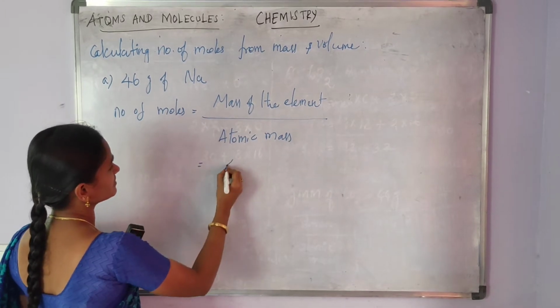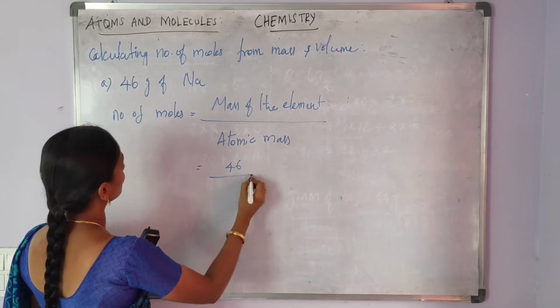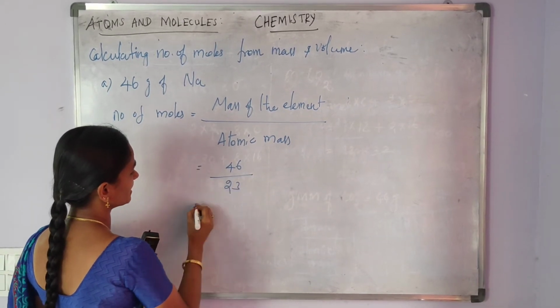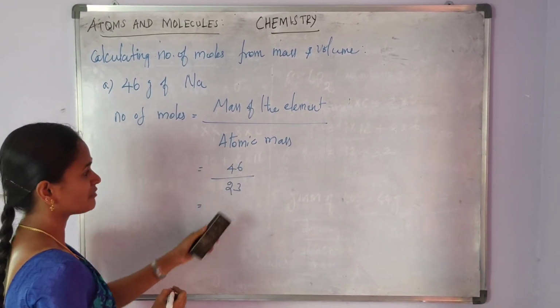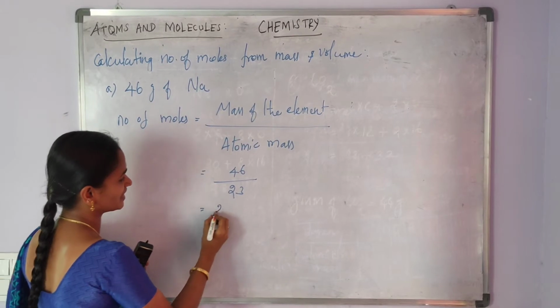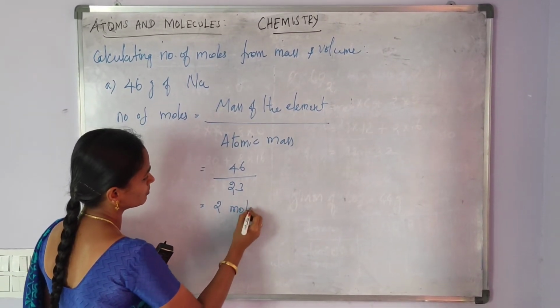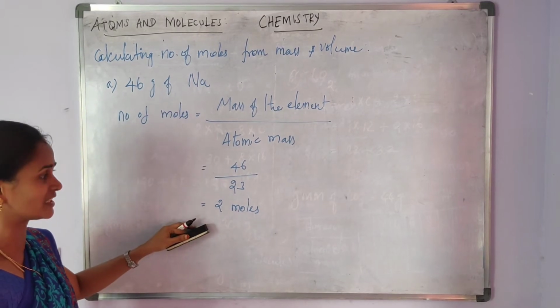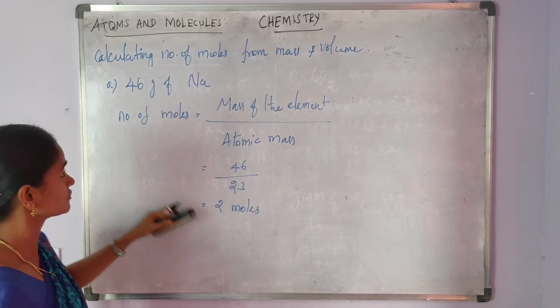So the given mass is 46, divided by atomic mass of the sodium, 23. Solving 46 divided by 23 is equal to 2 moles. So 46 gram of the sodium contains 2 moles of the sodium.